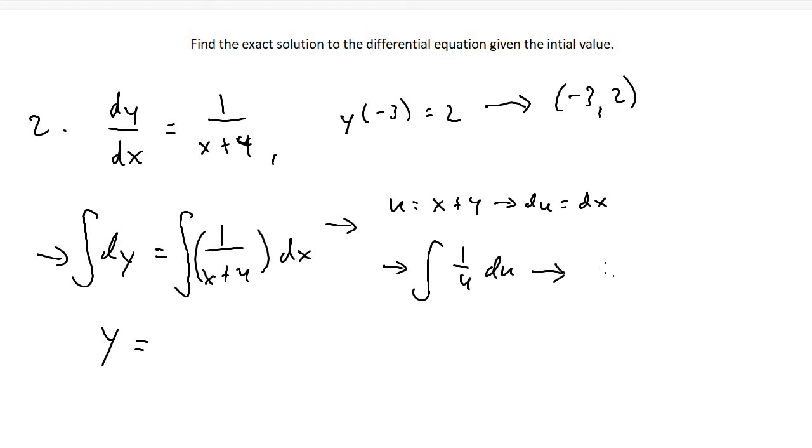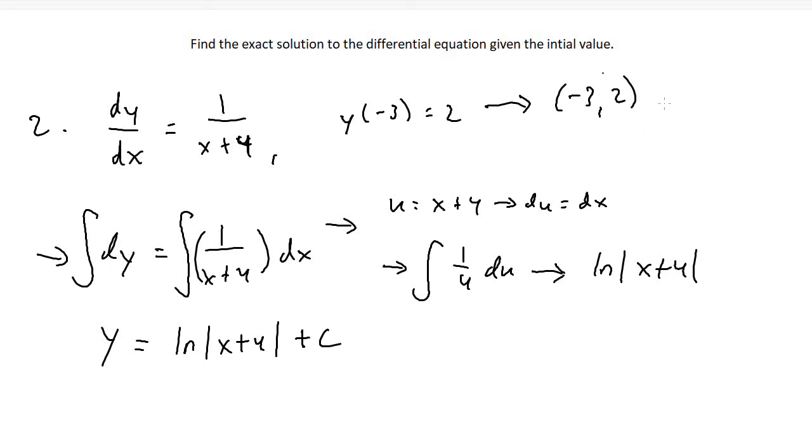And the integral of 1 over u is the natural log of the absolute value of u. And u is equal to x plus 4, so I can plug that in for u. So now I can put that back in the equation. I'll get y equals the integral of 1 over x plus 4 dx, which is the natural log of the absolute value of x plus 4. I need to add the plus c.